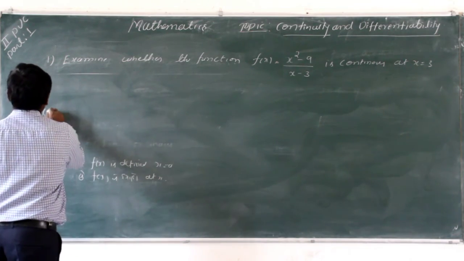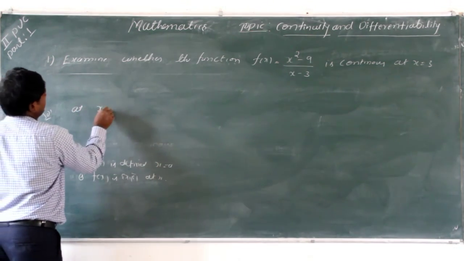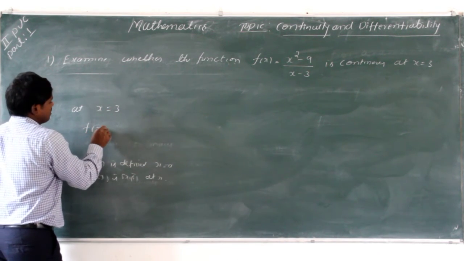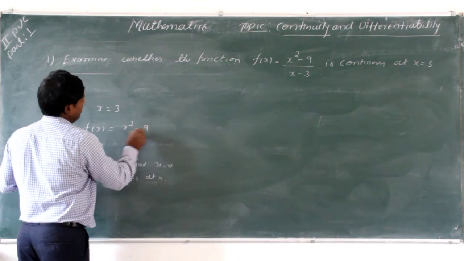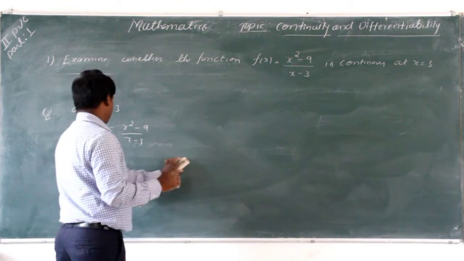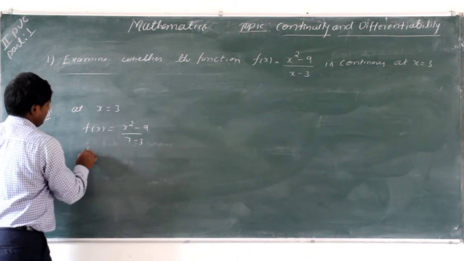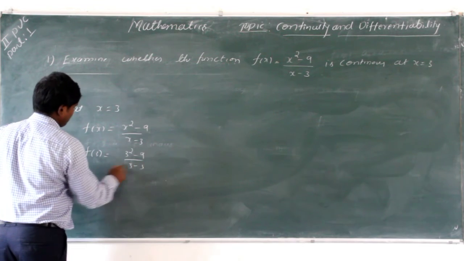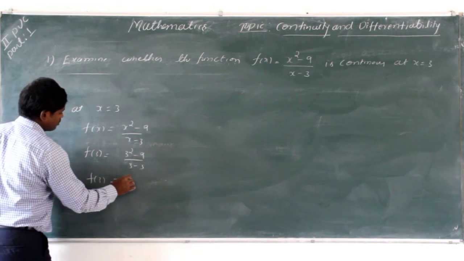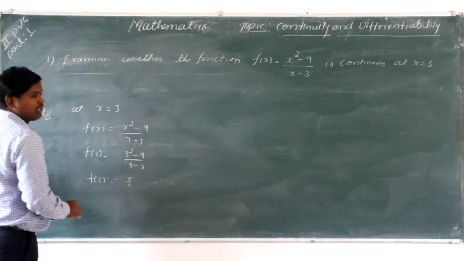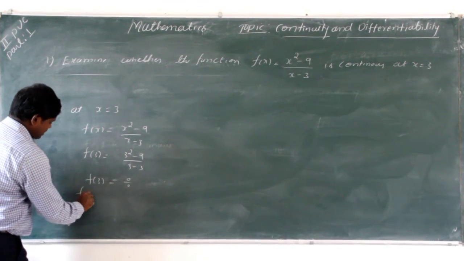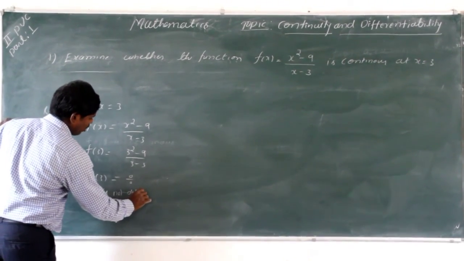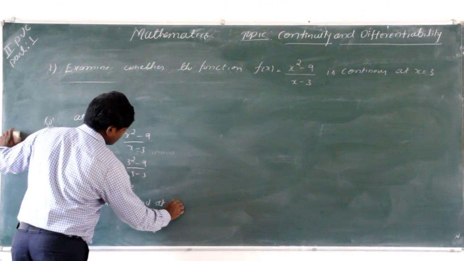Okay, so solution: at x is equal to 3, f of x is equal to x square minus 9 divided by x minus 3. So f of 3 is equal to 3 square minus 9 divided by 3 minus 3. That is f of 3 is equal to 0 by 0. So f of x is not defined at x is equal to 3.